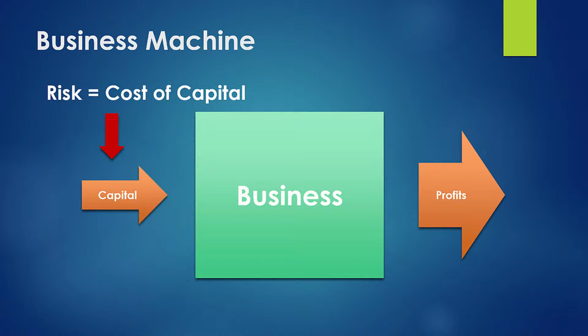Now, I don't want to just keep talking about this on a theoretical level because I think there are very practical applications for this in the day-to-day operations of your business and the strategic decisions that you're making. Because something happens every year. Every year you give a budget to your managers.